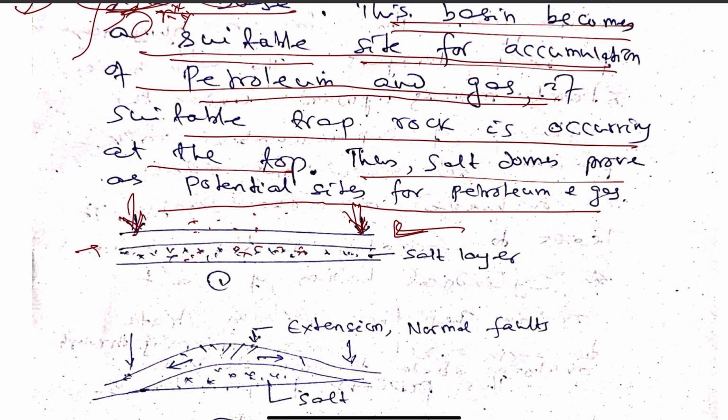So here there is overload, because of which the salts try to move in this manner, forming an anticlinal structure, lifting the overlying sediments, and the overlying sediment layers are subject to tension and cracks. In this manner, cracks and normal faults develop over the intruding salt layer.